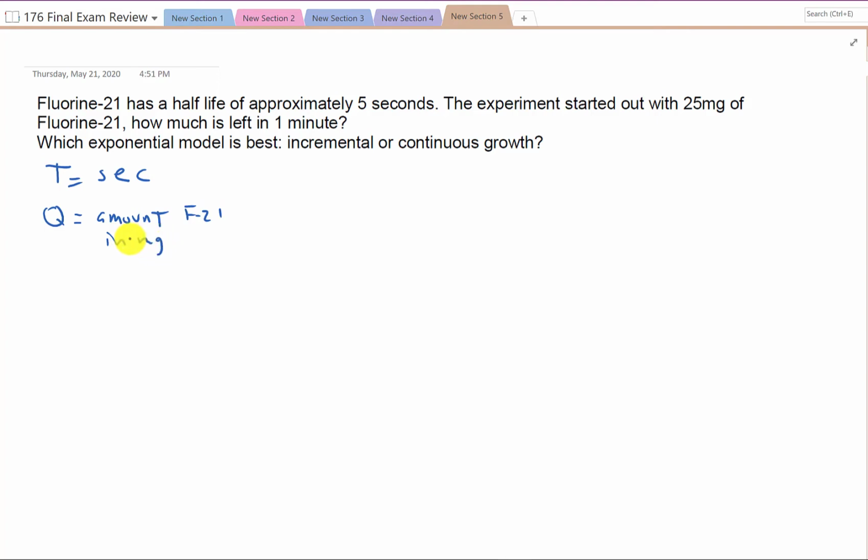Now when we talk in terms of models, we could say q equals a b to the t power, or we could say q equals a e to the rt power. This one's continuous, and this one is the incremental.